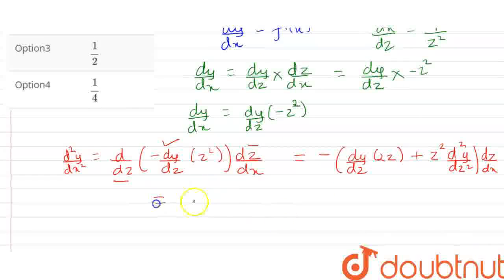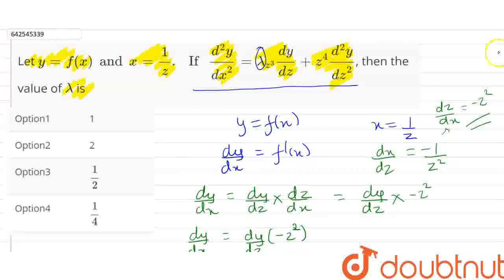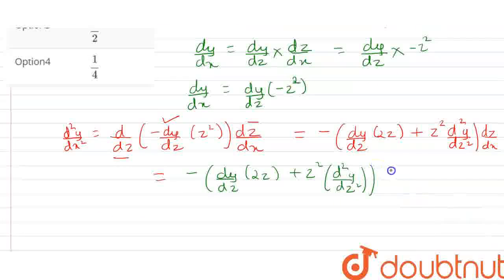Now this is equal to minus times dy by dz 2z plus z square d2y by dz square into dz by dx, which we have found out earlier, that is minus of z square.